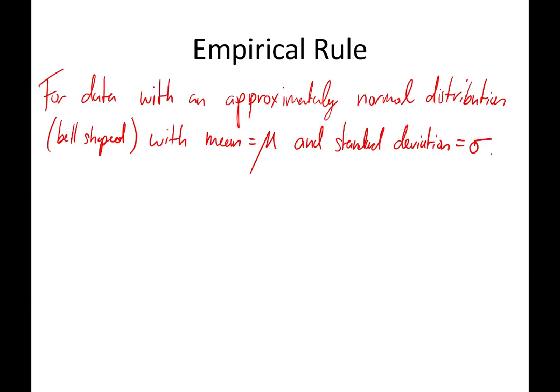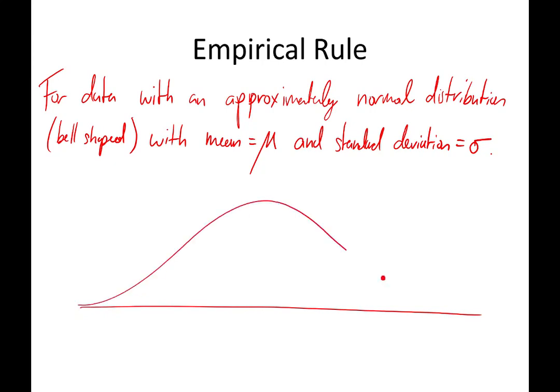So if you have a normal distribution and you happen to know its mean and its standard deviation, here's what the empirical rule says. I'm going to draw a picture. In a normal distribution, since it's symmetric, remember the mean and the median will be pretty much the same. They'll be right in the center.